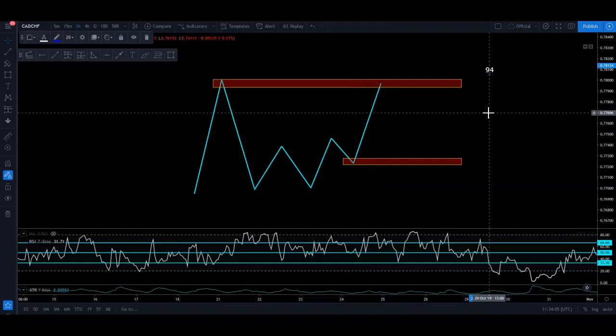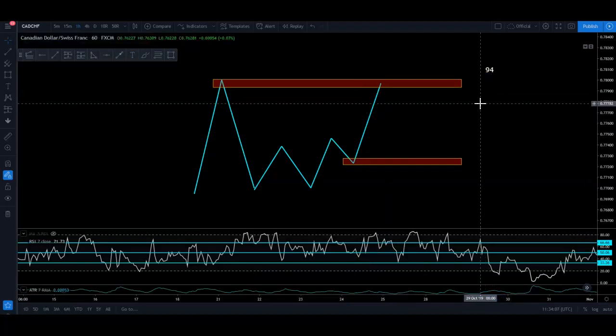I know it's really high, really overbought. A lot of you would be thinking, oh my god, RSI is so overbought, it has to go down. However, you don't realize that that is massive strength to the upside.